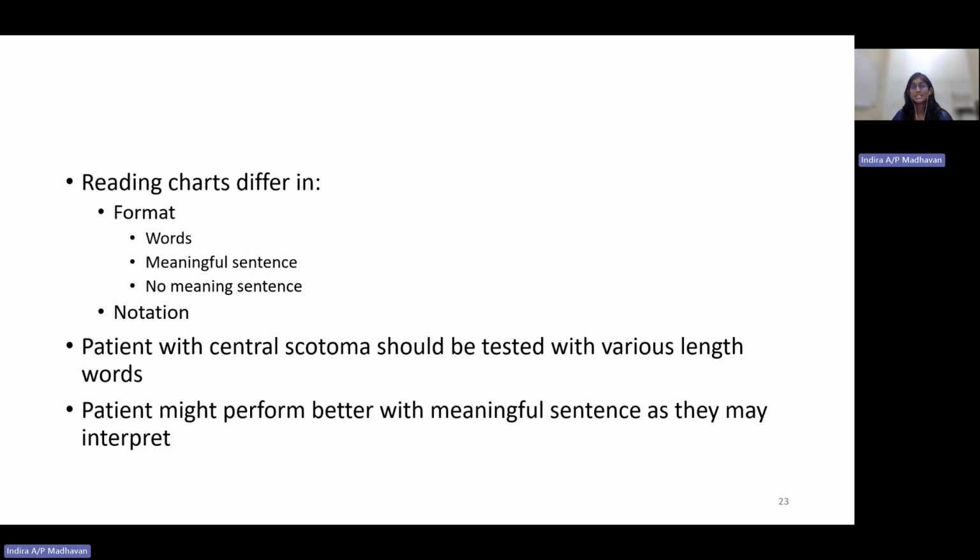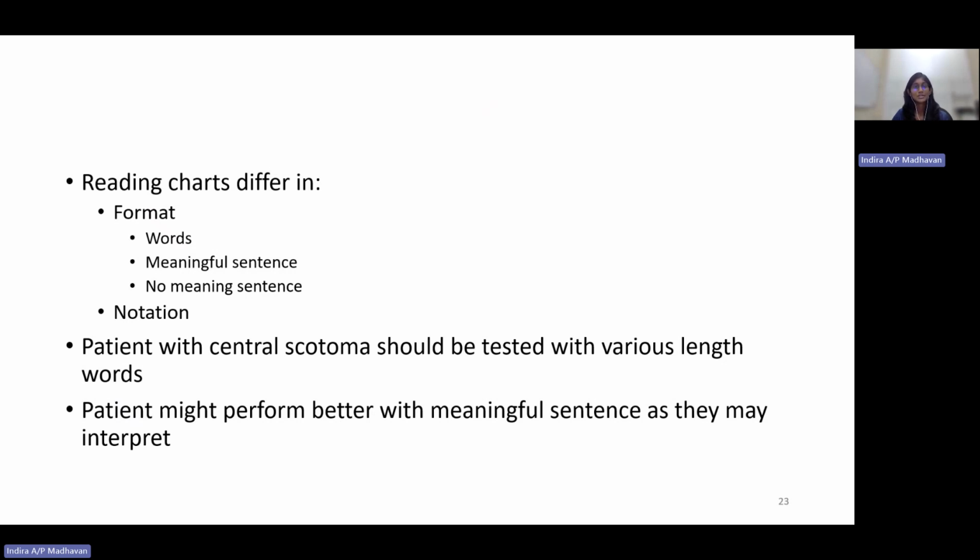And then the next one is the notation. There are many notations available that are used to record the near VA, like logMAR value, M unit, N unit, Jaeger unit, decimal, Snellen fraction. So there are many units available.